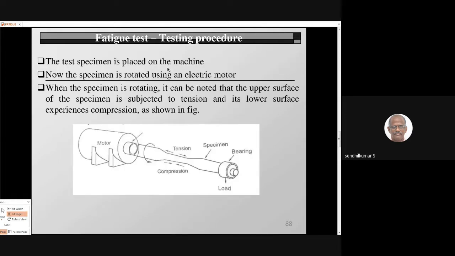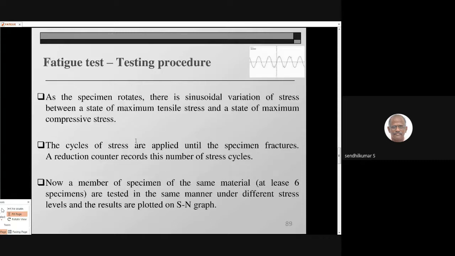The test specimen is placed on the machine and rotated using an electric motor. When the specimen is rotating, the upper surface of the specimen is subject to tension, whereas the lower surface experiences compression. As the specimen rotates, there is a sinusoidal variation of the stress between a state of maximum tensile stress and a state of maximum compressive stress.